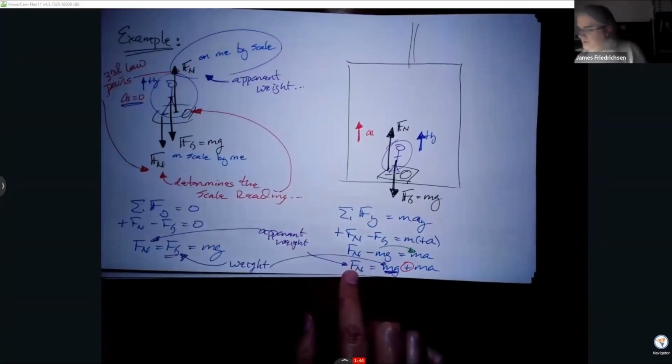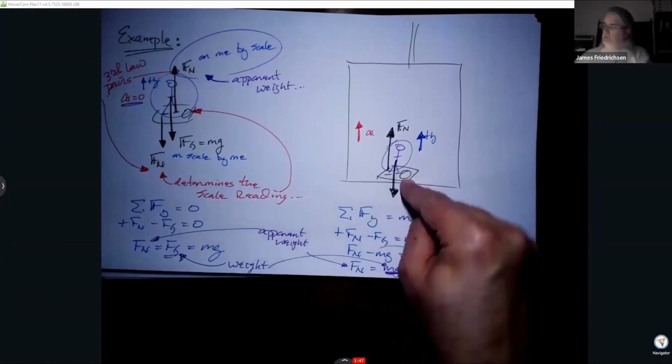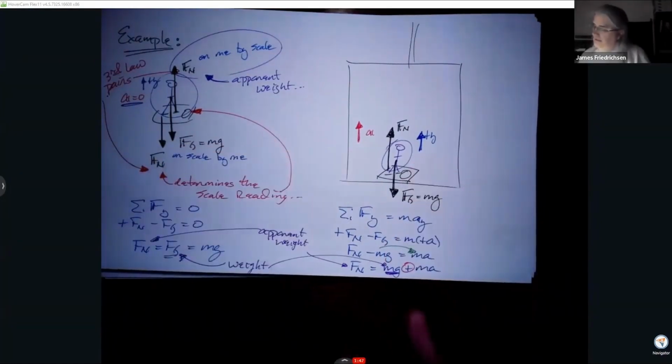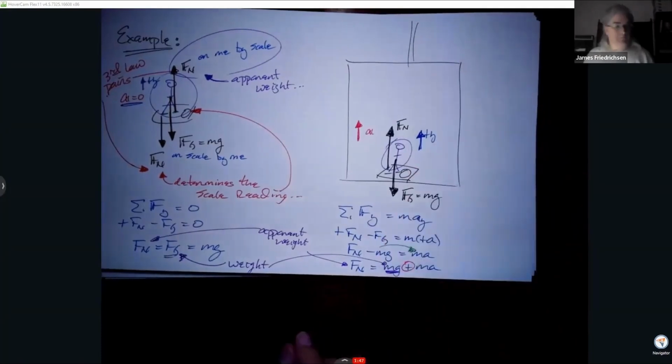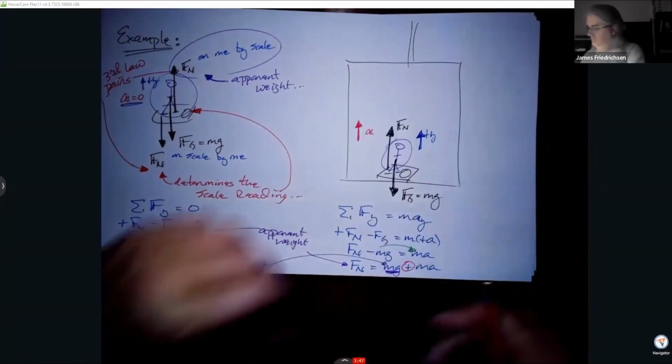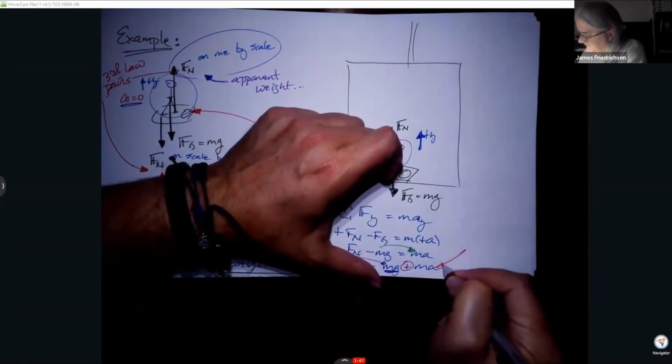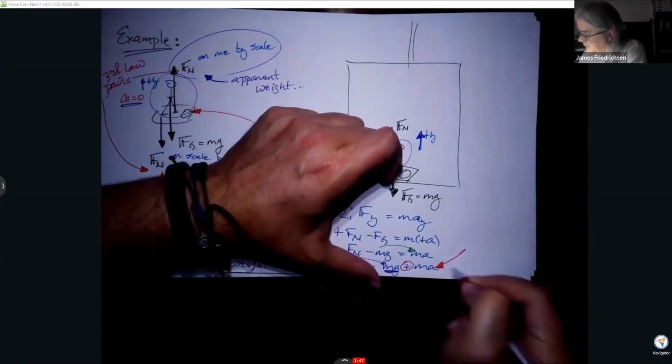So what you're going to talk about is the fact that if you are standing on an elevator and it accelerates up, the scale reads more, to have a greater apparent weight.